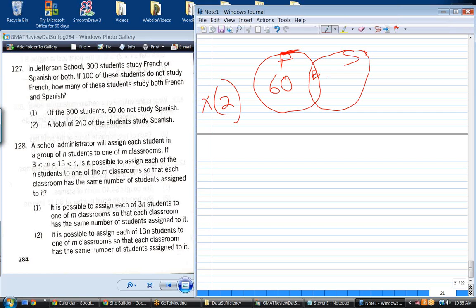I don't think so. Let's see. The only thing statement 2 tells us is that 60 study French. Now, because 100 do not study French, that doesn't give us any information. If we know that 60 students study French and some study both, but B plus S has to be 240.